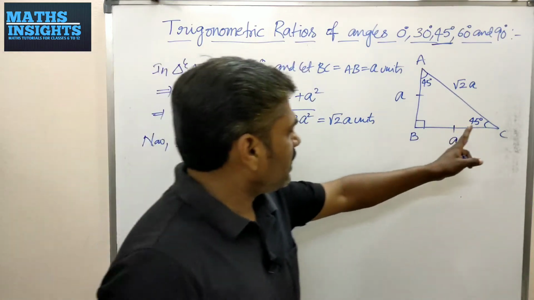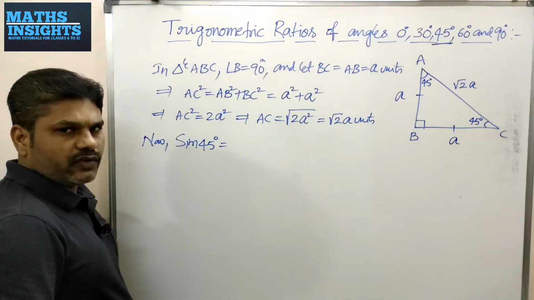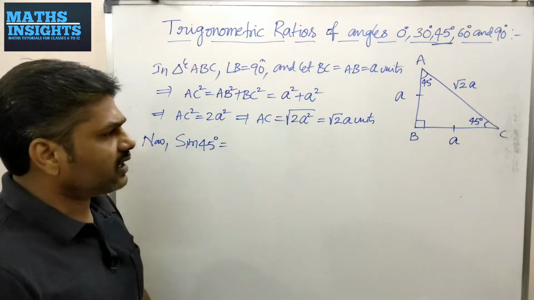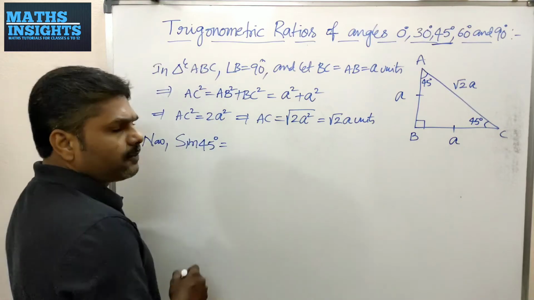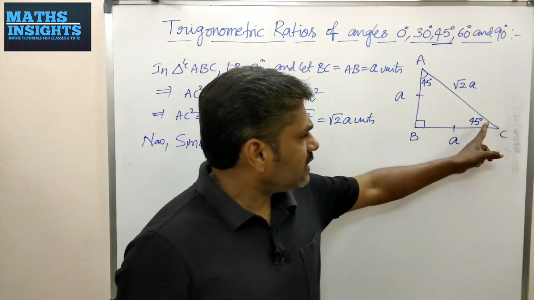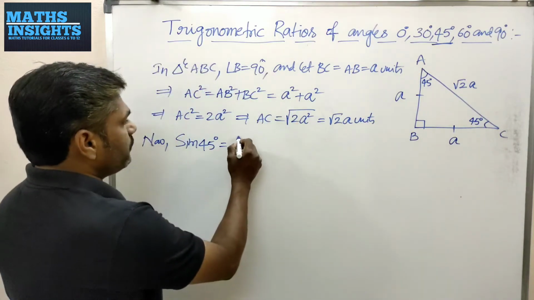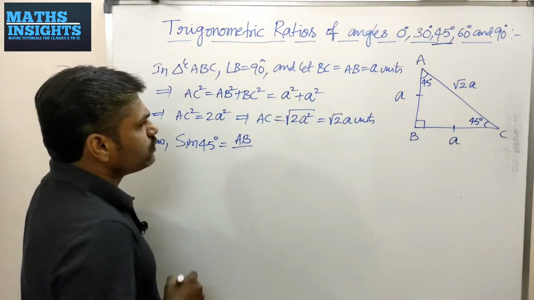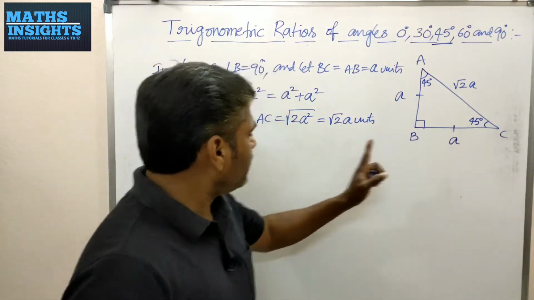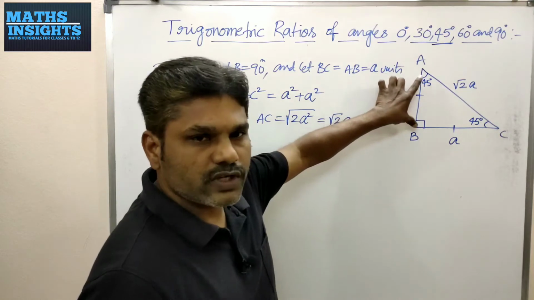Now I am taking angle C as my 45 degrees, therefore sine 45 is nothing but sine C. As per the definition of the ratio, sine is the side opposite to 45, that is AB, by the hypotenuse AC. Whatever angle you are taking, you have to take the side which is opposite to it.